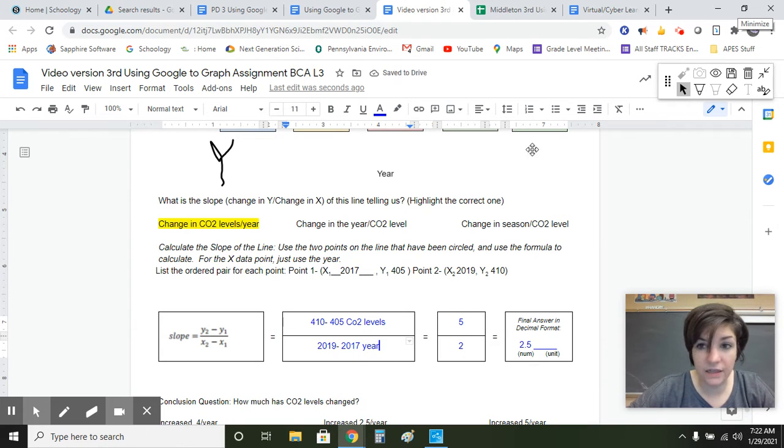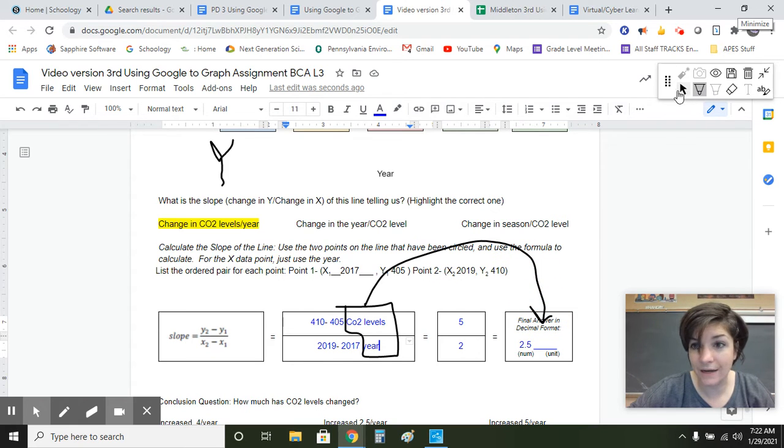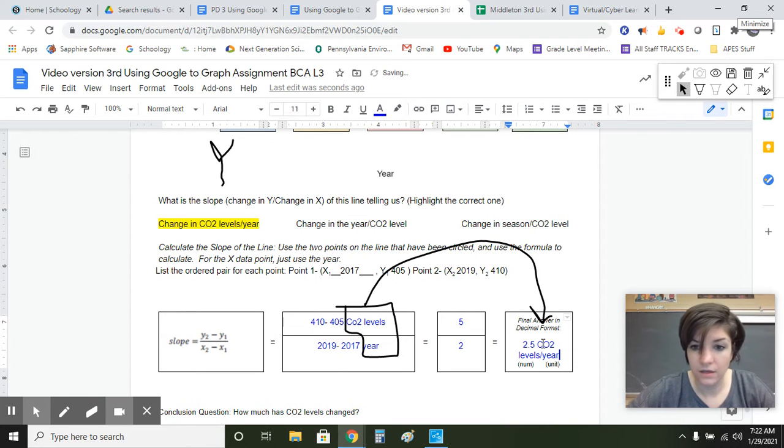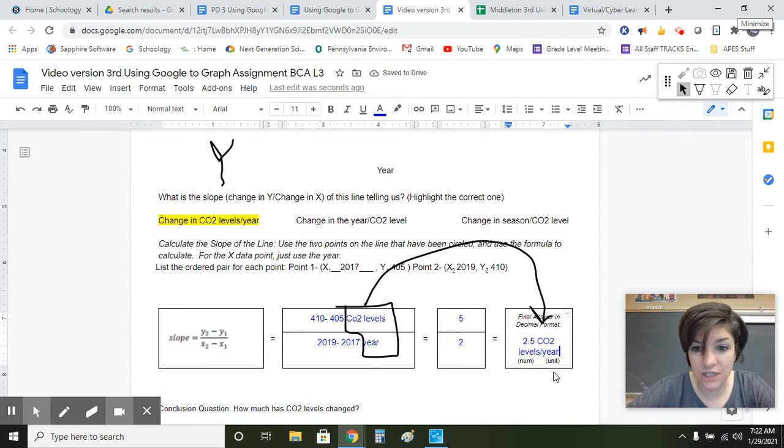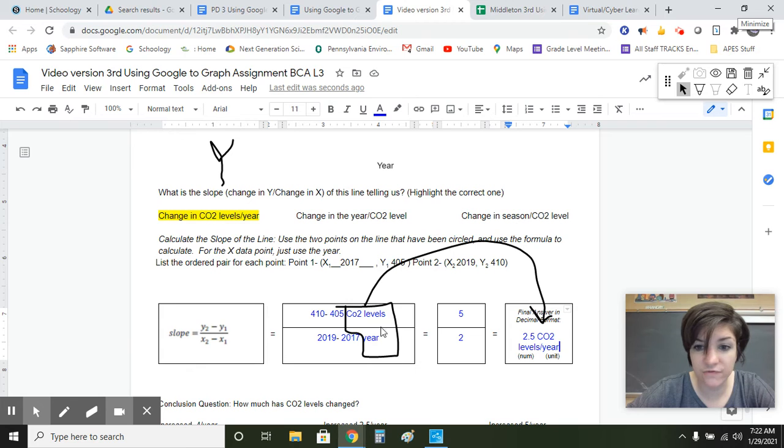And literally, you can snatch those words and put that as your unit. It's easy as that. All right. So I would write 2.5 CO2 levels per year. Okay, that's how much it changes by. And I literally just snatch it from here, pop it in there. Okay, I'm going to erase that. Boom. Got it.